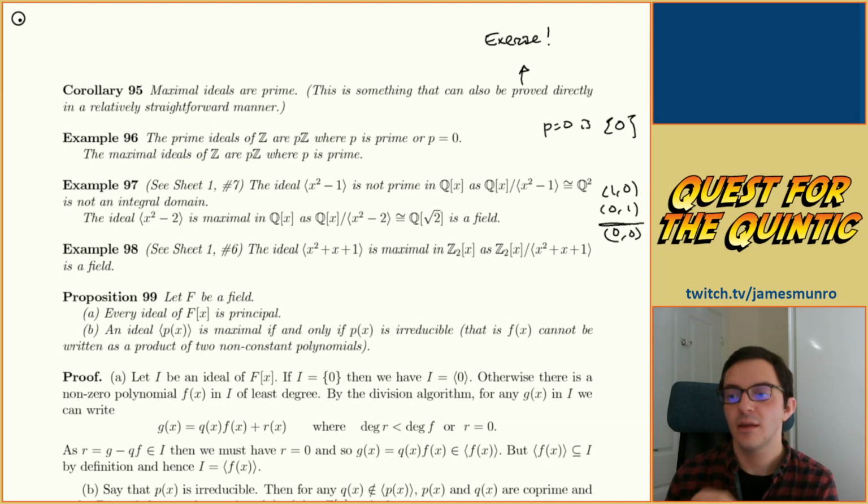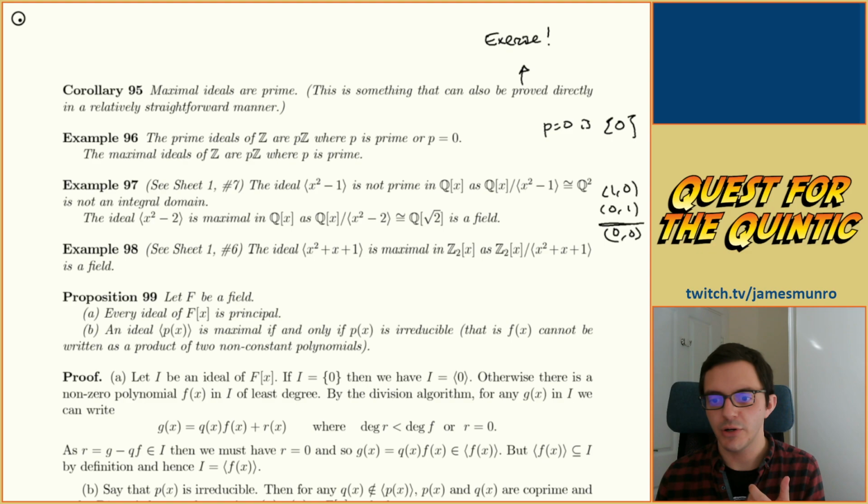It's not an integral domain, so it proves that it's not prime. Interesting. Okay. The ideal is maximal in Q as that is a field. Fine, so it feels like we're going to use that quite a lot. I want to get the maximal facts down as well.